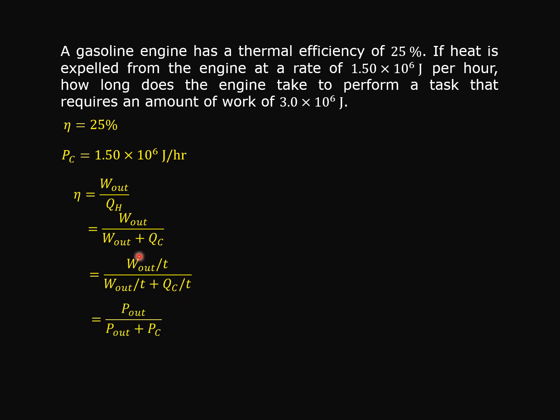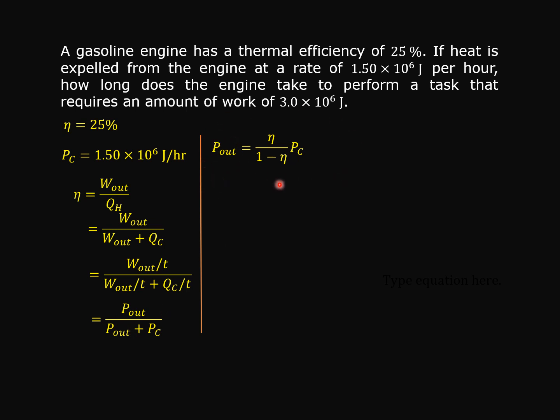And we can write everything now in terms of power. So now eta, the thermal efficiency of the engine, is equal to the output power divided by the summation of the output power plus the power of the heat flow to the low temperature reservoir. But what we want to find is the output power P. Therefore, we make the output power the subject of the equation.